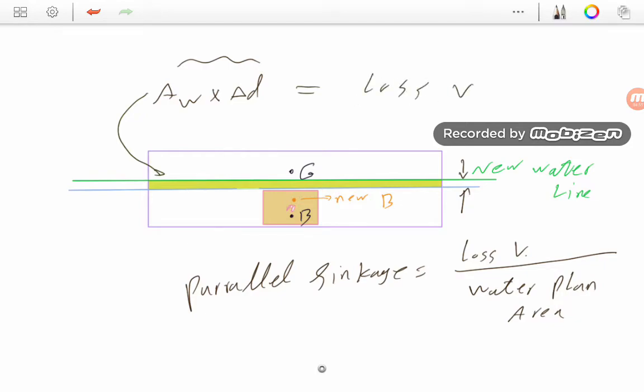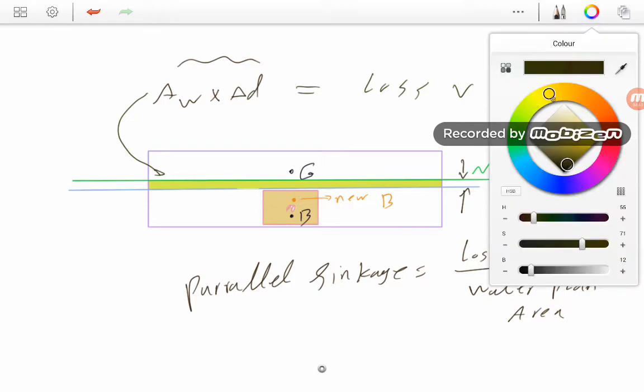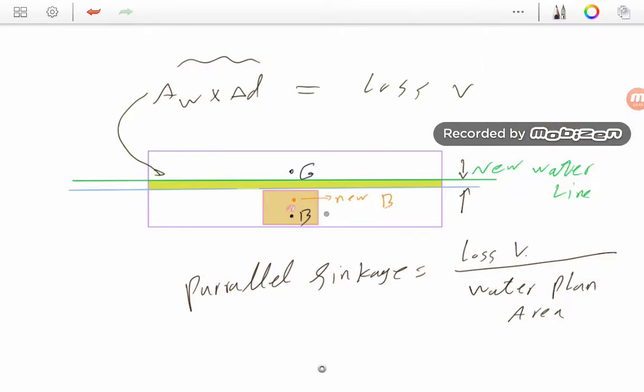How much buoyancy you have lost, you have to regain it again. Why? Because the displacement hasn't changed. Displacement is still the same. So lost buoyancy should be equal to how much we are going to gain, because at the end our final displacement is equal to our buoyancy, while the final displacement does not change, thus final buoyancy also should not be changed. So this is how you calculate the parallel sinkage.